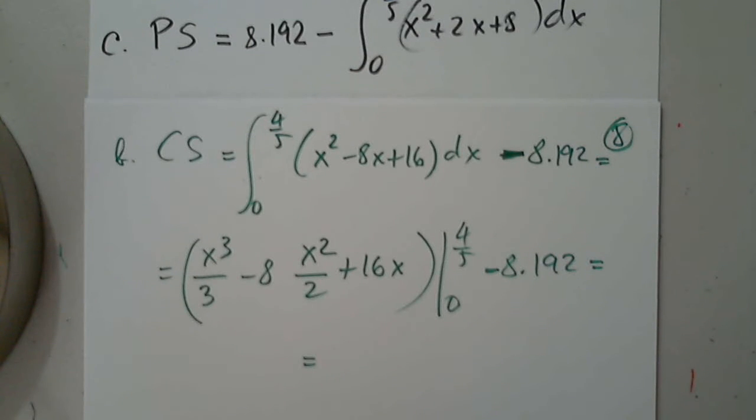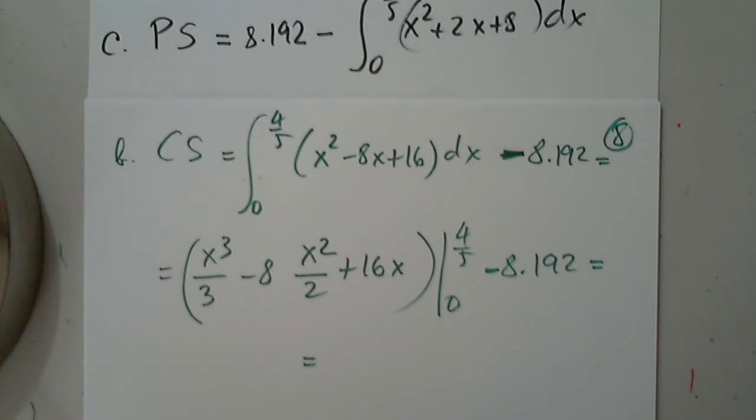I'm going to use the calculator just to speed this up. So we're going to go to math and then 9, and we have from 0 to 0.8, and from x minus 4 squared.